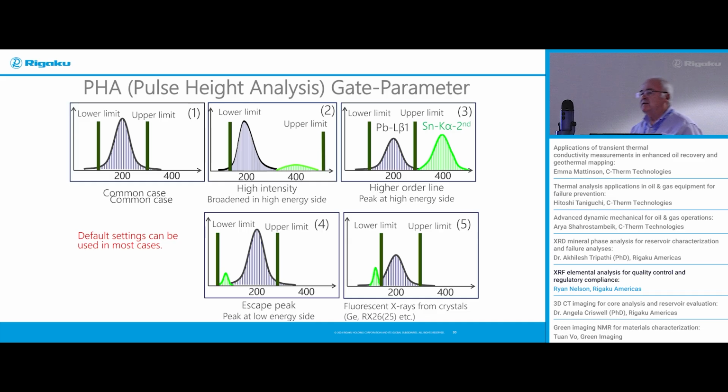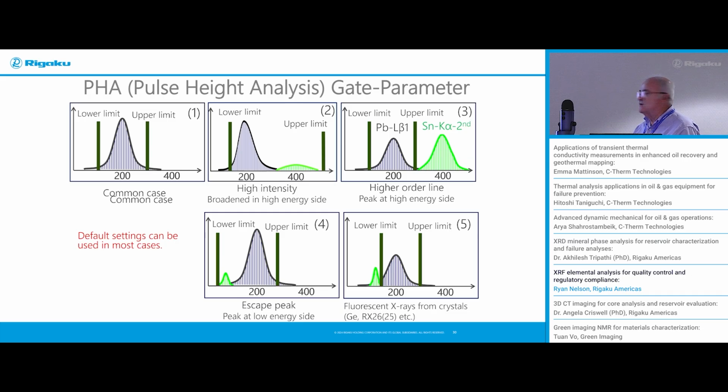In PHA, a lot of the machines may not have this, but PHA, pulse height analysis, is a special circuit analysis looking at the individual pulses, and you can separate overlaps using this method. So you can move the PHA window left, right, and exclude overlap elements like tin and lead and other elements like that.